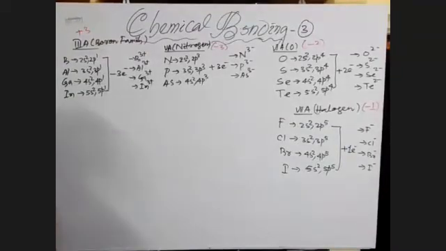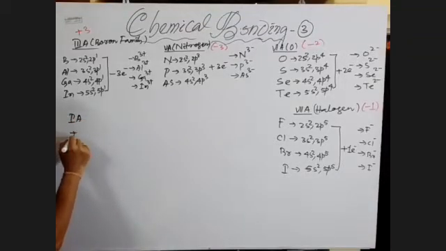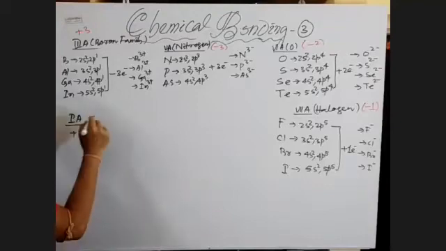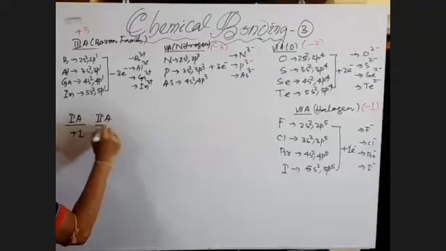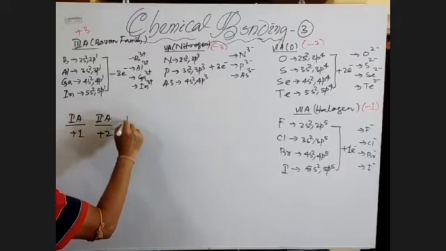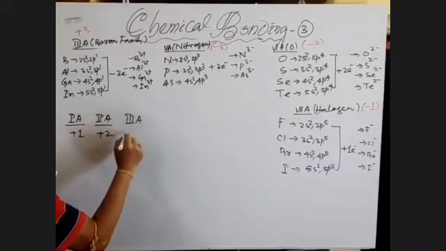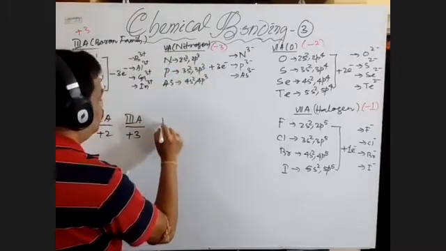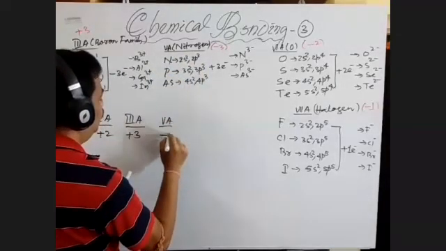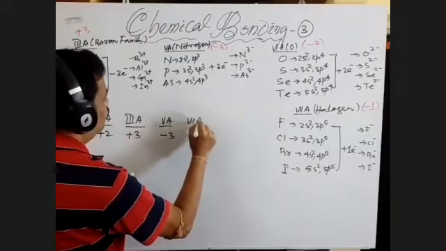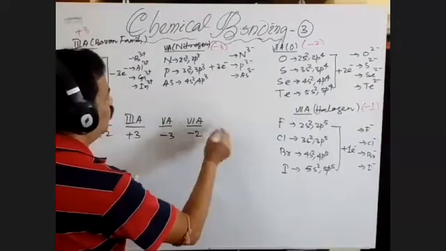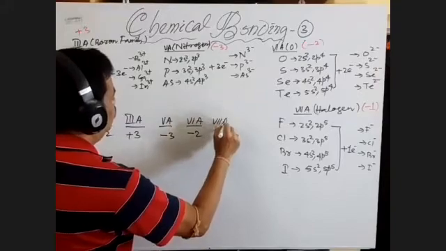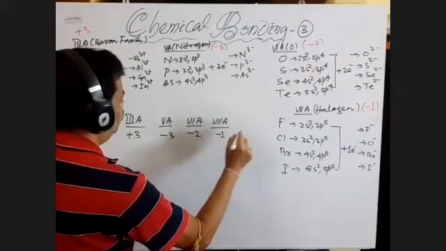All want the inert gas configuration. So group 1A has a group valency of plus 1, 2A plus 2, 3A plus 3. Coming to the fifth A, minus 3. Sixth A is minus 2, and seventh A has a minus 1 valency.